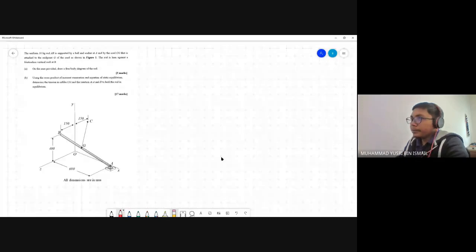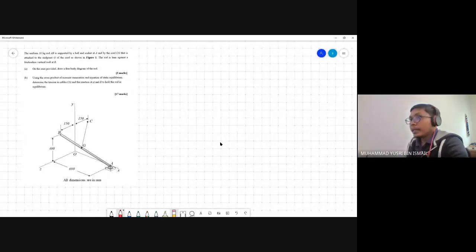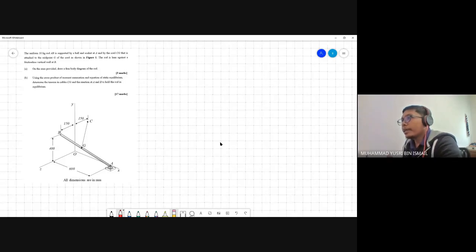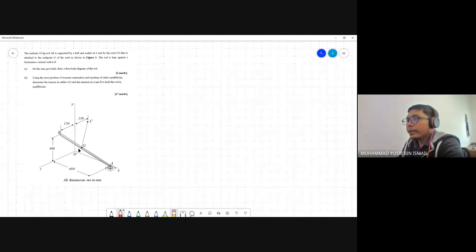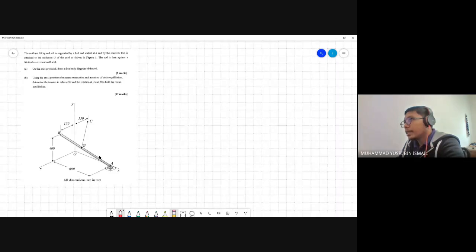The uniform 10 kg rod AB is supported by a ball and socket at A, and by the cord CG that is attached to the midpoint G of the rod, as shown in figure 1.